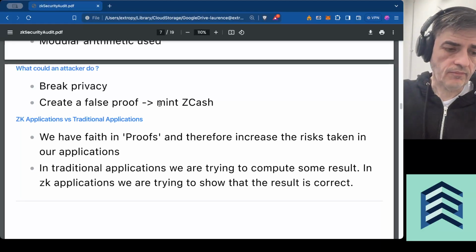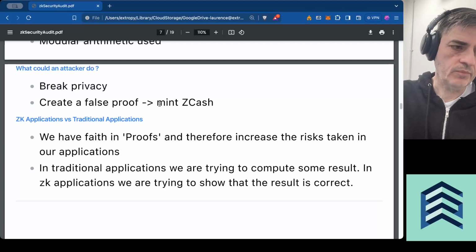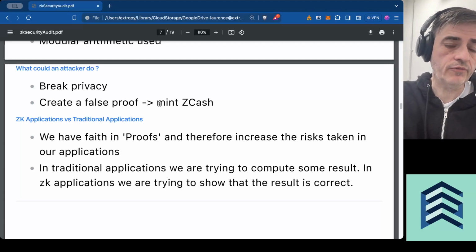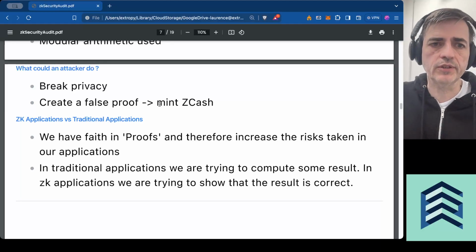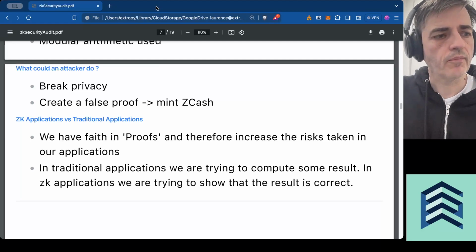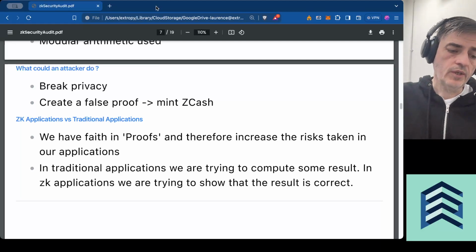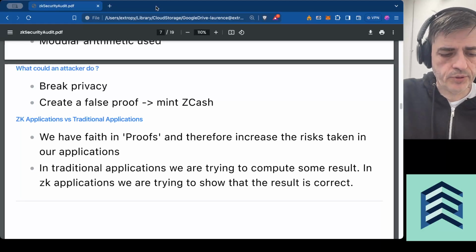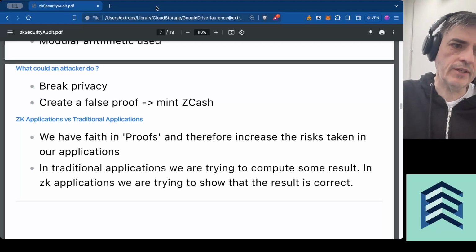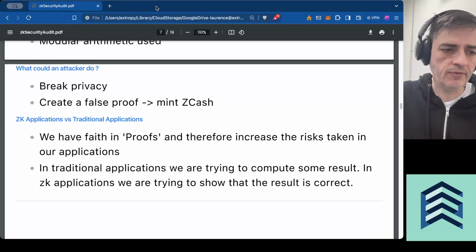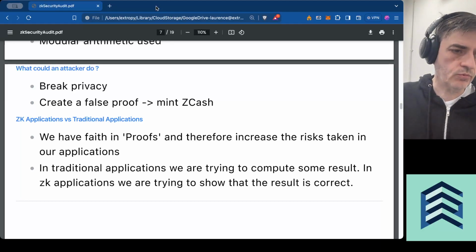This would mean that you think you have some kind of confidential computation, but in fact it isn't, and the attacker could find out some confidential information. The other thing that would be possible would be to create a false proof. So the prover has made some kind of claim, but they're actually cheating.